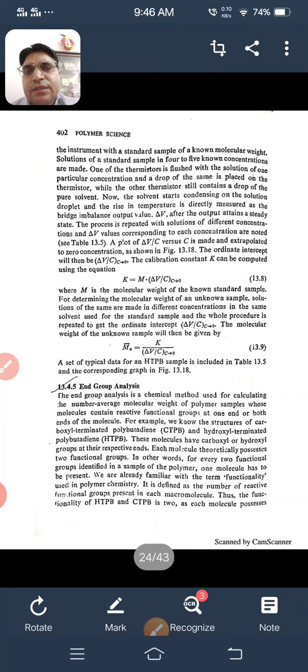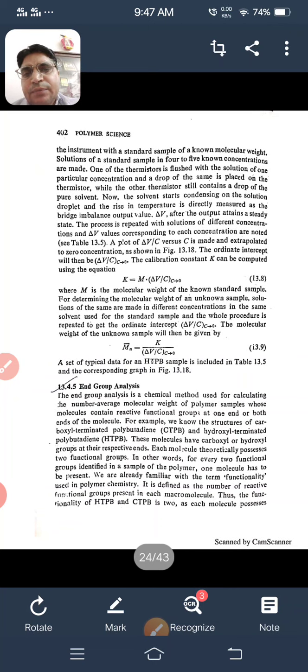Now the solvent starts condensing on the solution droplet and the rise in temperature is directly measured as the bridge imbalance output value delta V. After the output reaches a steady state, the process is repeated with solutions of different concentrations and the delta V values corresponding to each concentration are noted in the above table.